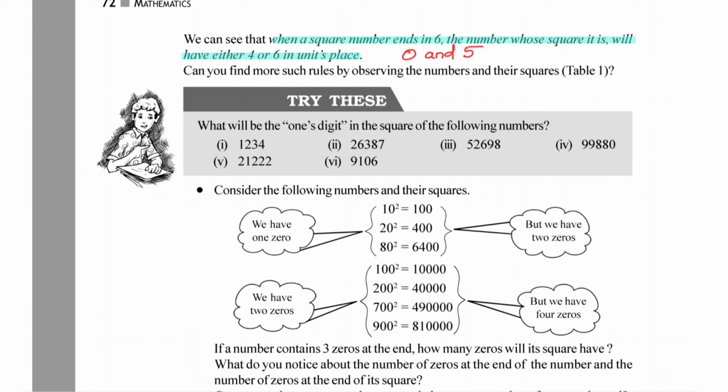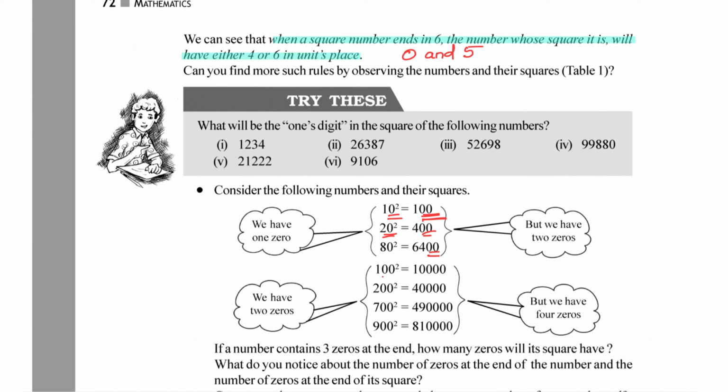With respect to numbers having zeros at the end, if you have one 0, then the square number will have two 0s. You can check the same with 10, 20, 80 and so on. 10 squared is 100, 20 squared is 400, 80 squared is 6400. All the numbers have only one zero, but their squares have two zeros.